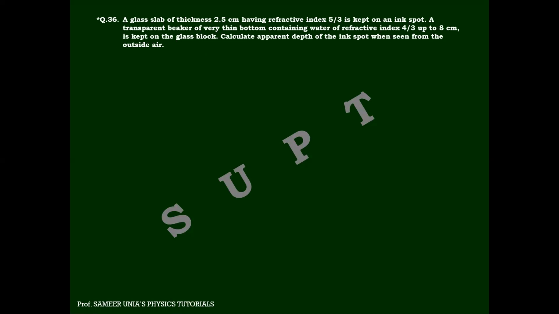See, what I'm telling you? One second. 36th one. A glass slab of thickness 2.5 centimeter has refractive index 5/3, kept on an ink spot. A transparent beaker of a very thin bottom containing water up to 8 centimeter is kept on the glass block.